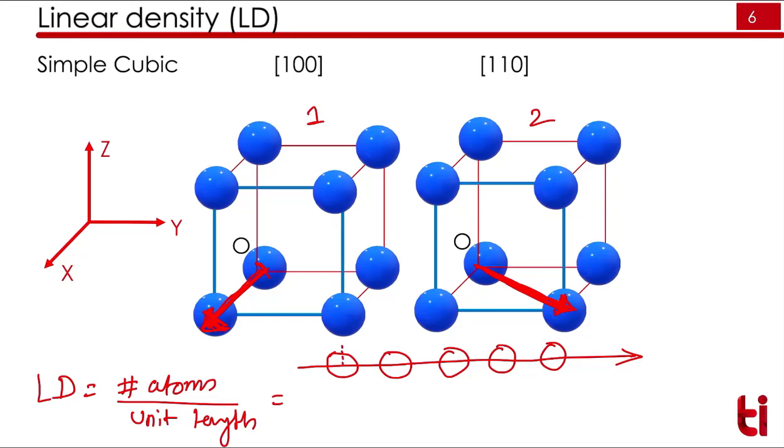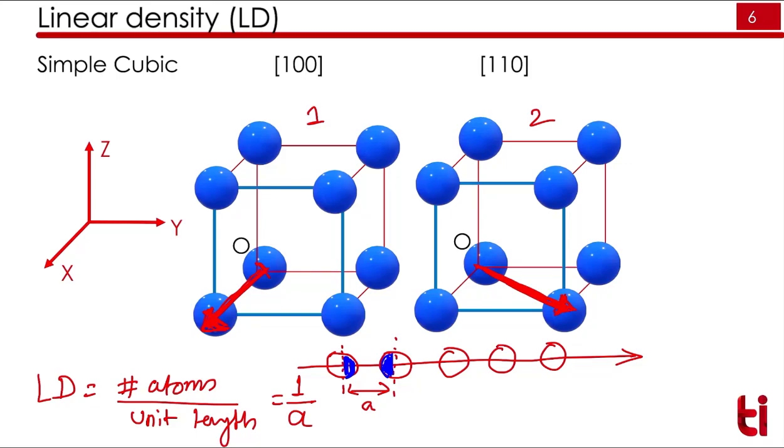For a cubic system, a equals b equals c. So how many atoms are here? Half portion of this atom and half portion of this atom. So the total number of atoms is equal to 1, divided by unit length a. This is the answer for 100.